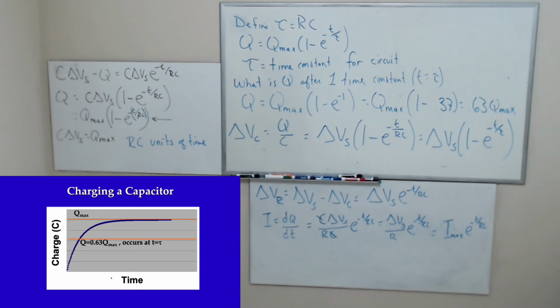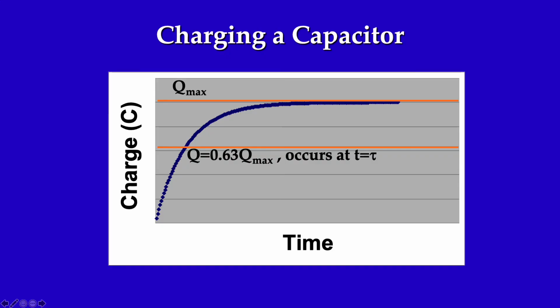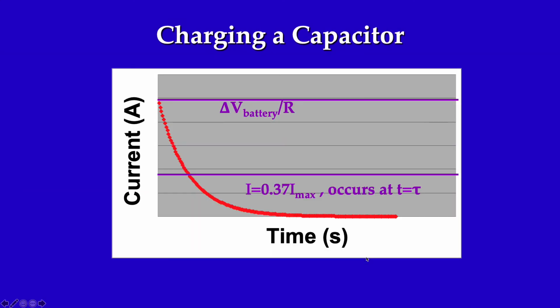So here's a graph of the charge as a function of time, showing you what its value is at one time constant. And the next graph I will show you is the current as a function of time. It starts at a maximum and goes to 0 as t goes to infinity.